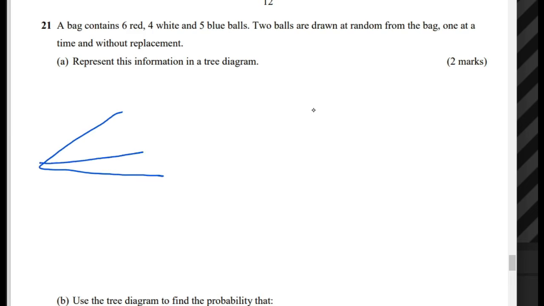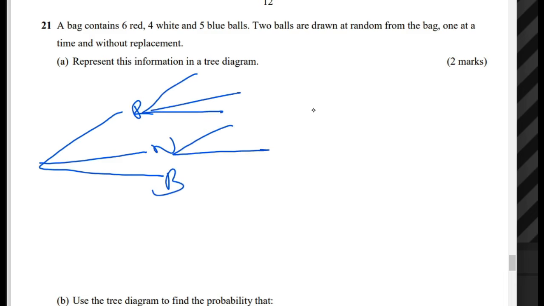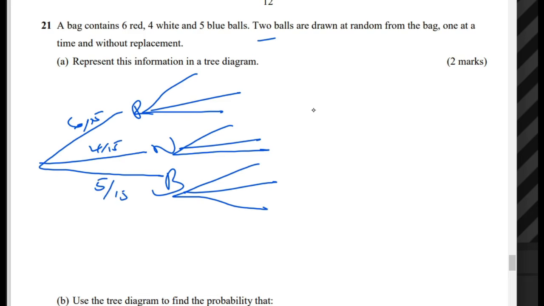So we have red, we have white, we have blue. How many balls were picked? The balls that were picked were 2 balls. So this one will be 6 out of 15, this one is red, white will be 4 out of 15, and this one will be 5 out of 15.